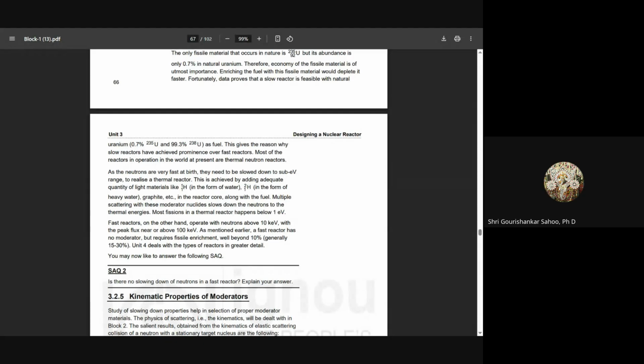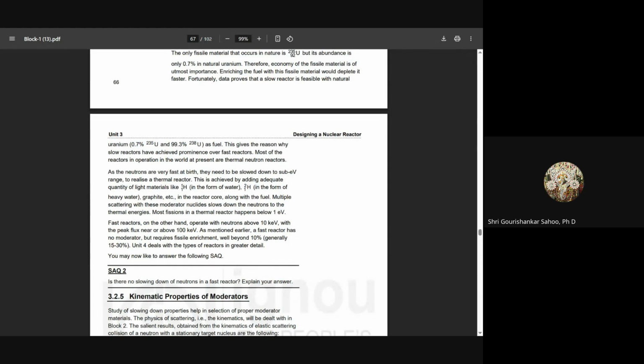Most of the reactors in operation in the world are thermal neutron reactors. As the neutrons are very fast at birth, they need to be slowed down to the sub-electron volt range to realize a thermal reactor. This is achieved by an adequate quantity of light materials like heavy water or normal water or graphite as moderators in the reactor core, along with the fuel.